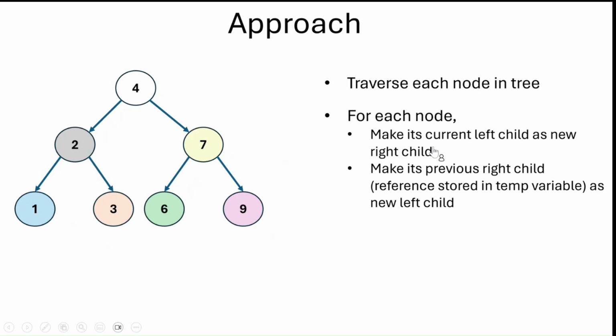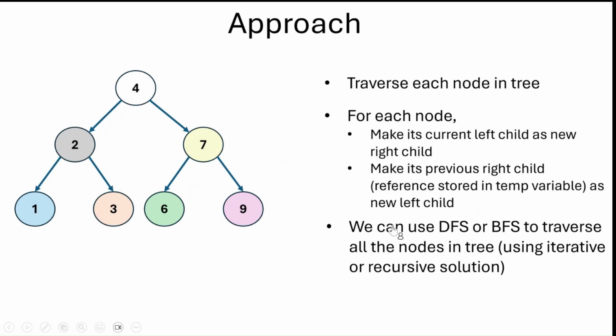For each node, make its current left child the new right child. So this left child will become the right child. Make its previous right child the new left child. We can store its reference in some temp variable and make the previous right child its new left child. Basically, swap it.